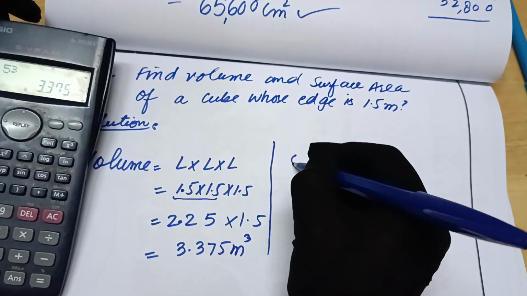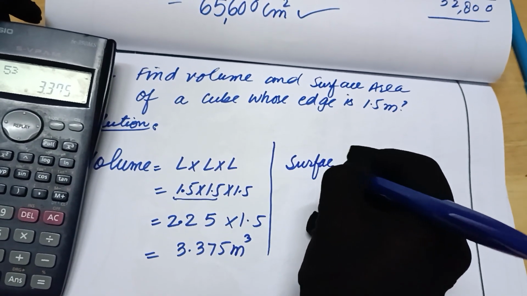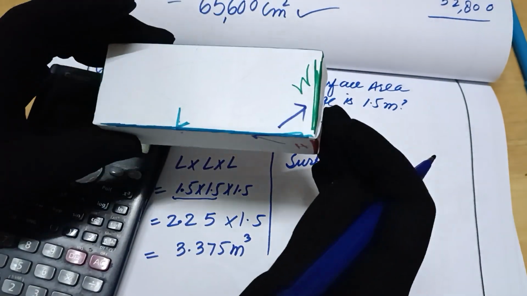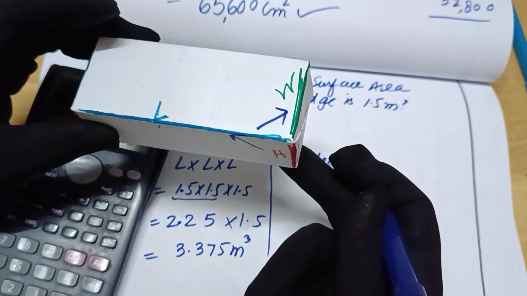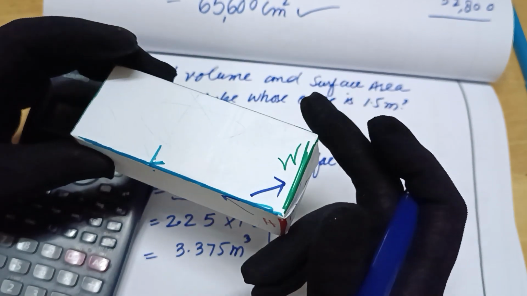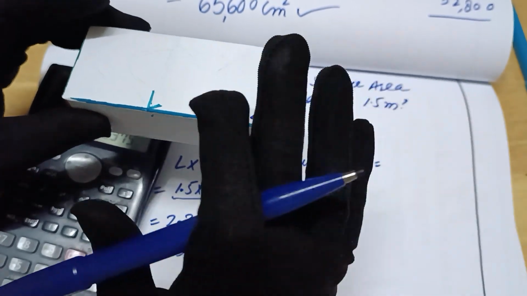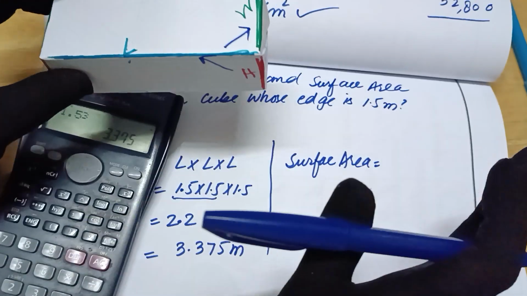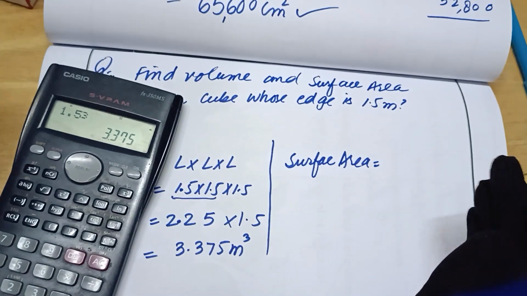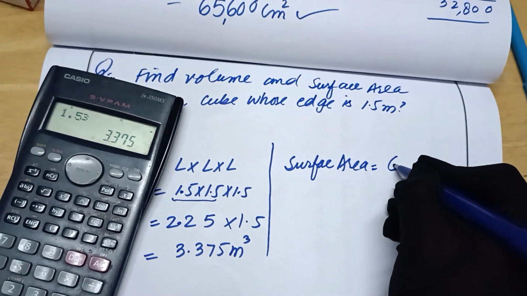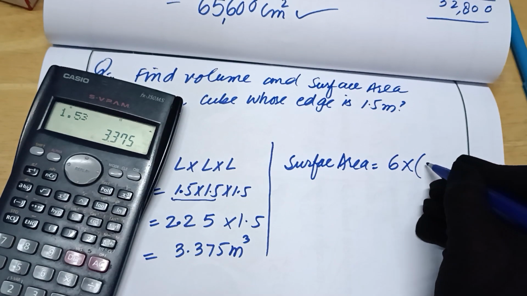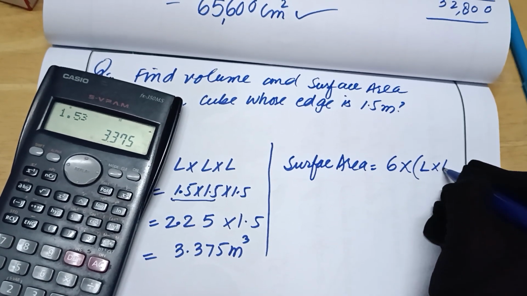Okay. And now surface area. A cube, like a cuboid, also has 6 faces: top plus bottom, front plus back, right and left. But the property of a cube is that all faces have exactly the same length. So 6 faces are there and all faces have square measurement, length multiply length.